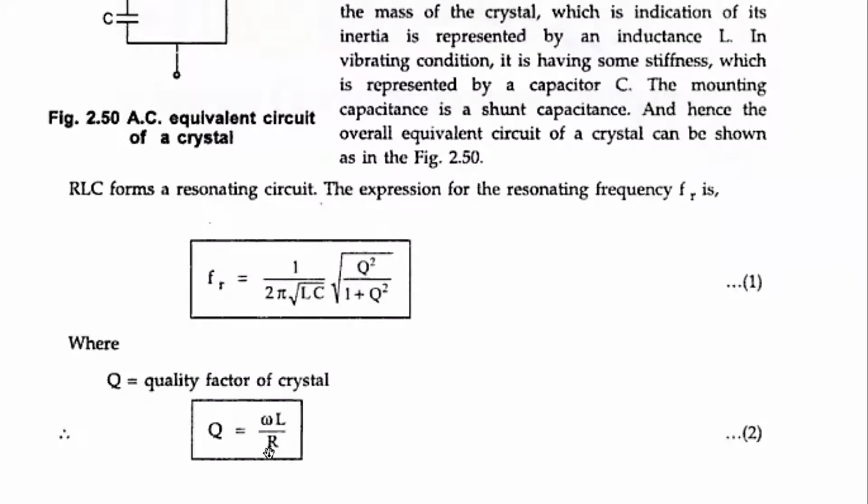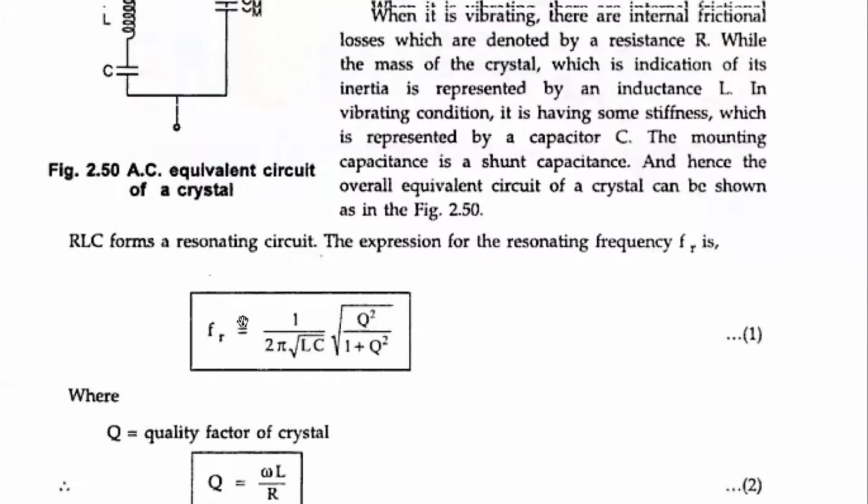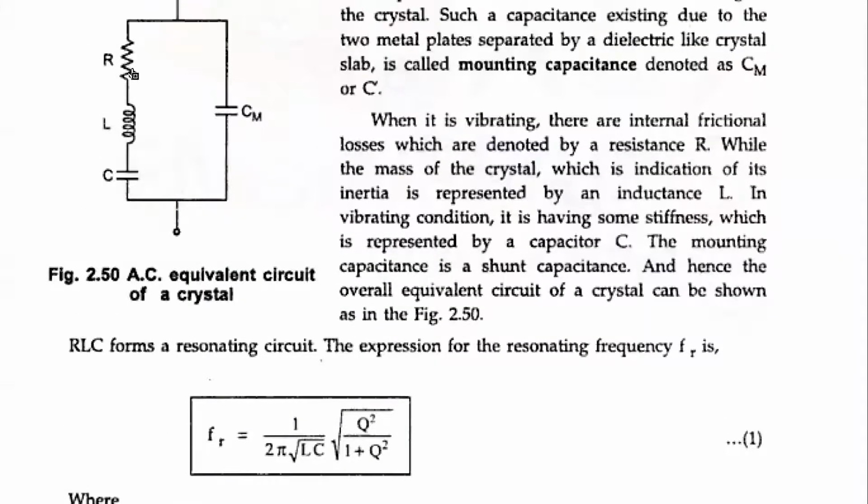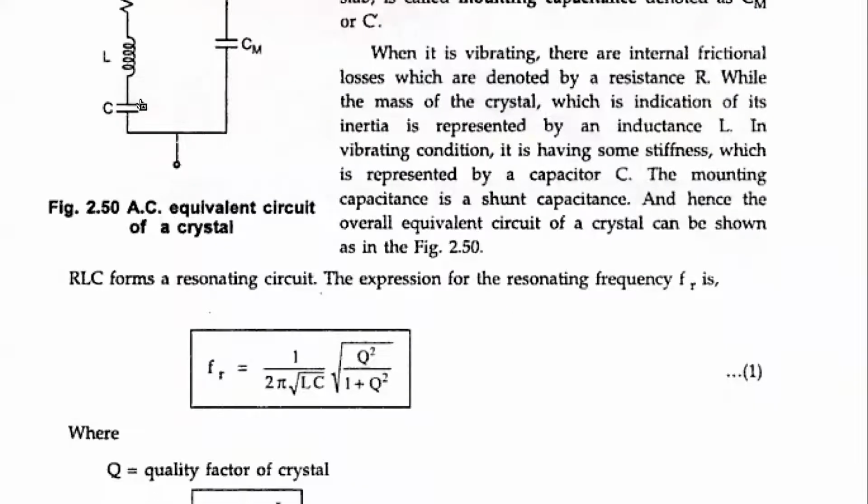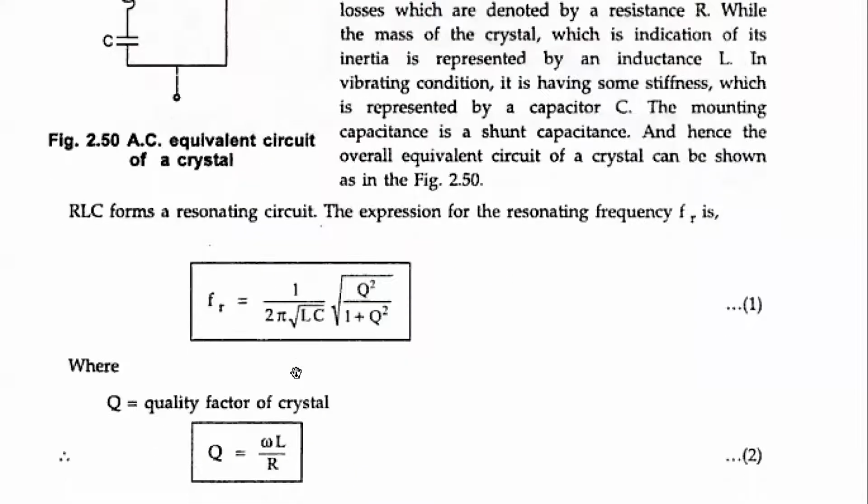Now, actually what happens is, if we neglect this R, if we consider R equal to 0, Q becomes infinity. Then FR will be 1 by 2 pi root LC. Means the series resonant frequency for the ideal case where we neglect the resistance R will be 1 by 2 pi root LC.